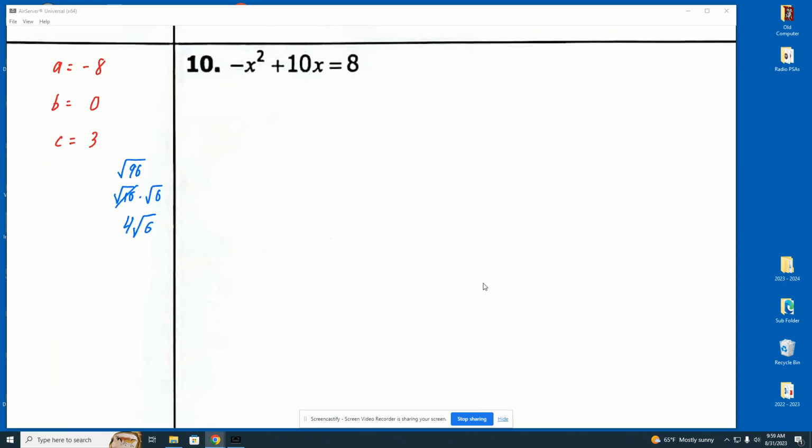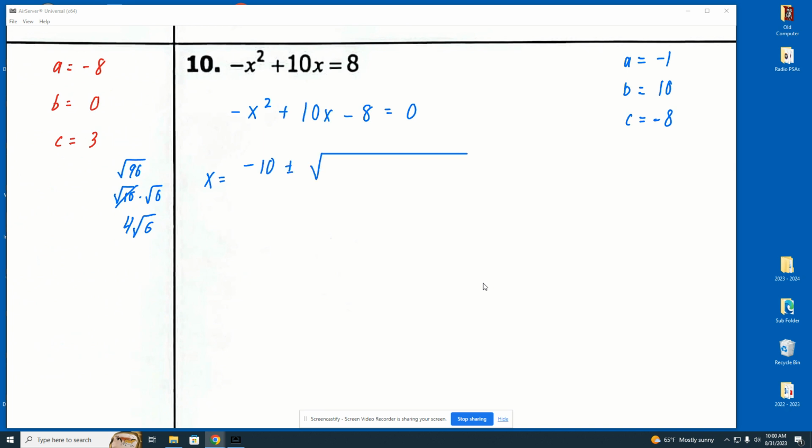Then this one shouldn't be hard either. Let's move the 8 over. So we're left with negative x squared plus 10x minus 8 equals 0. So what's A, guys? Negative 1. What's B? 10. What's C? Negative 8. All right, so here we go. X equals negative b, 10, plus or minus the square root of b squared, 10 squared.